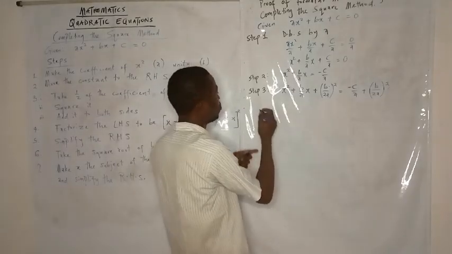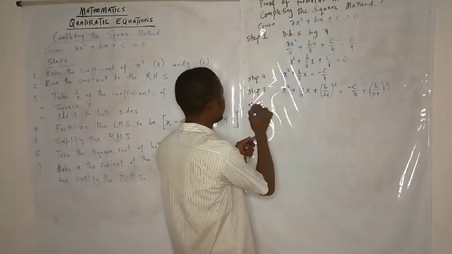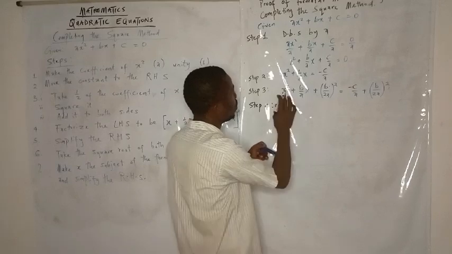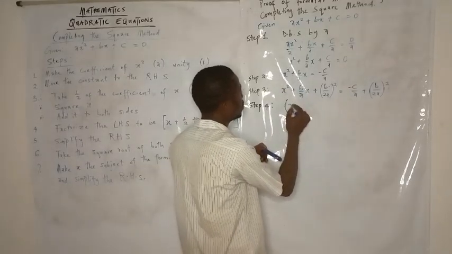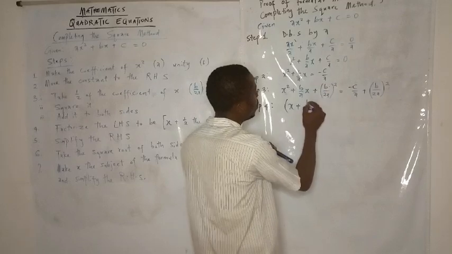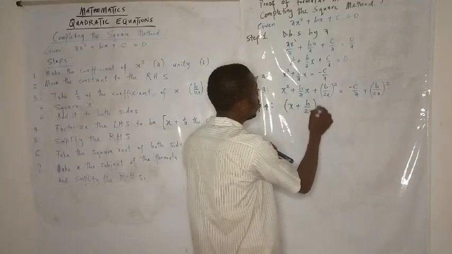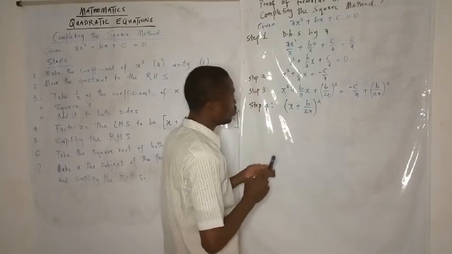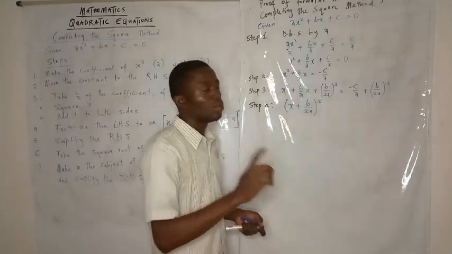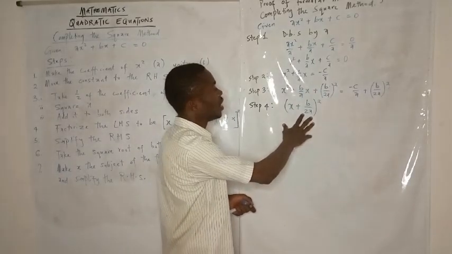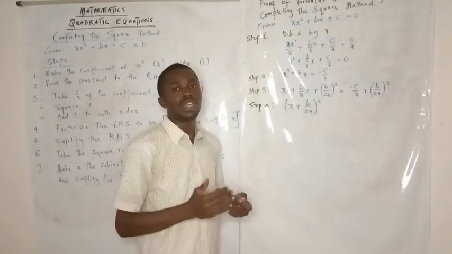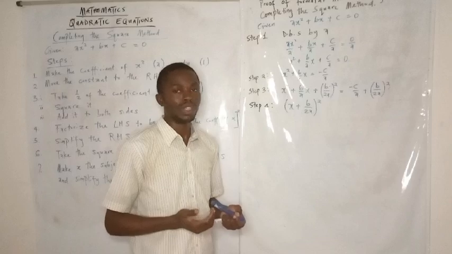So step 4, we take x, we open bracket, take x plus whatever we have here, b over 2a, and then we square it. You will notice that we have completed the square on this side. That's why we can completely factorize. And this method is derived from this step. And that is why it is called the completing the square method.